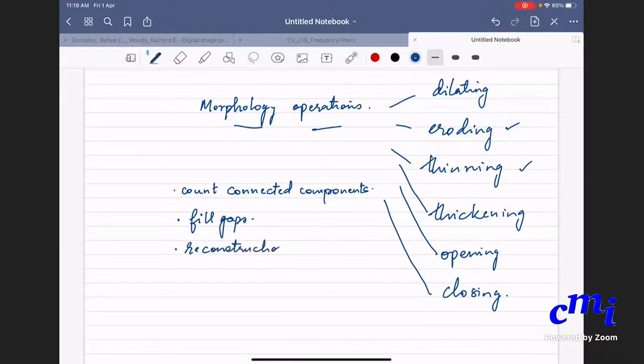The image has been hampered or degraded for certain reasons, and you want to reconstruct the lost information simply by doing some set theoretic pixel operations. Then one will go for morphology operations.